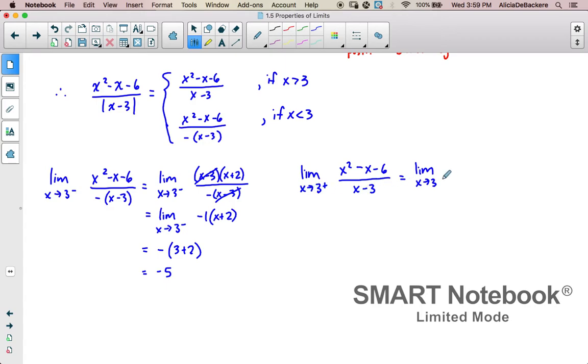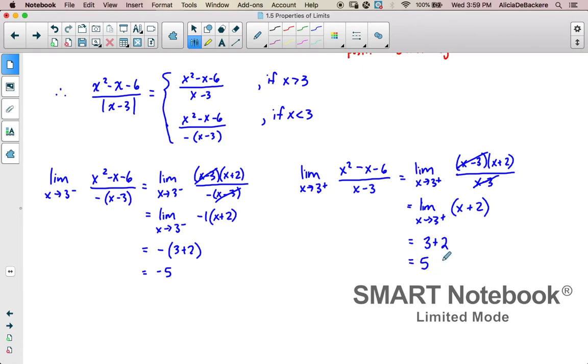If I put 3 into the denominator, I'm going to get 0, but I can simplify the numerator by factoring. And there's the magic. We cancel our common factors. Don't forget the brackets even after you cancel. And now I can plug the 3 in. So direct substitution, and I get 5.